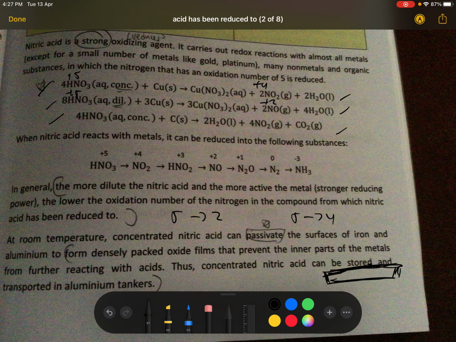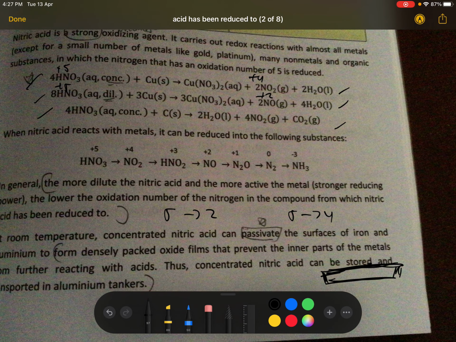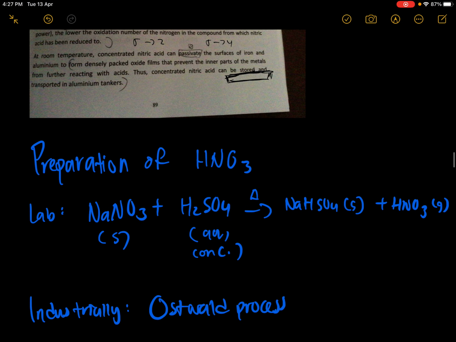And this layer protects the inner part of the metal from further reacting with acids, so it will not dissolve as much. Normally, if you dissolve a metal in acid, the whole thing will eventually go away. But with nitric acid and metals, it will instead form a layer around here, and the inside does not get dissolved.